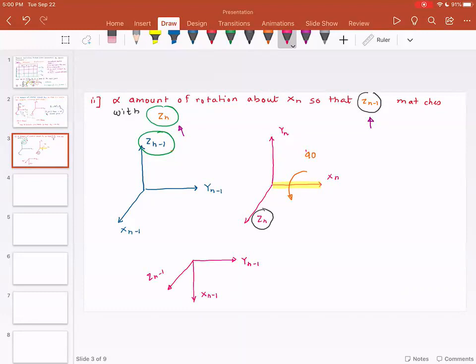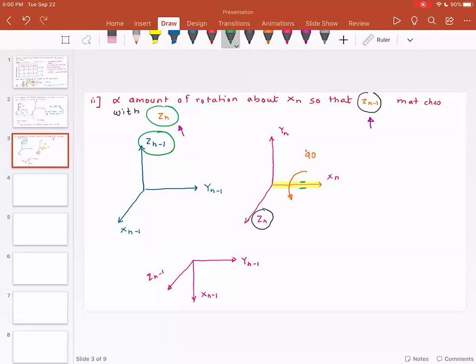This rule is kind of tricky. Before you start asking questions, please let me finish. In this particular case, your Xn is this. But what you are rotating is not the current frame, but the previous frame.